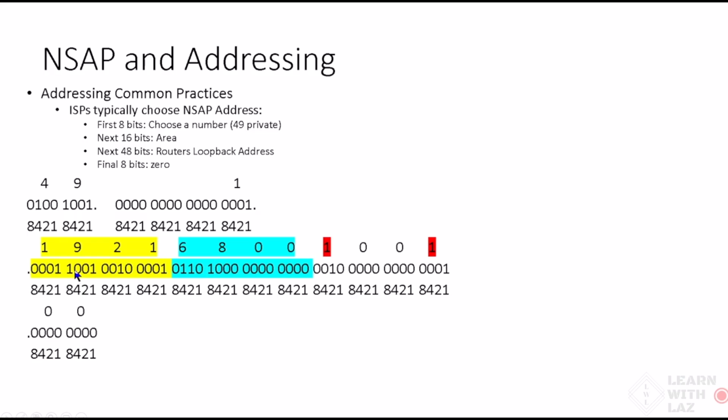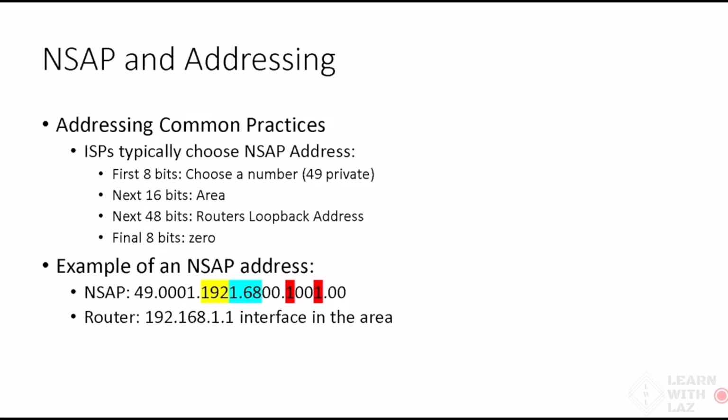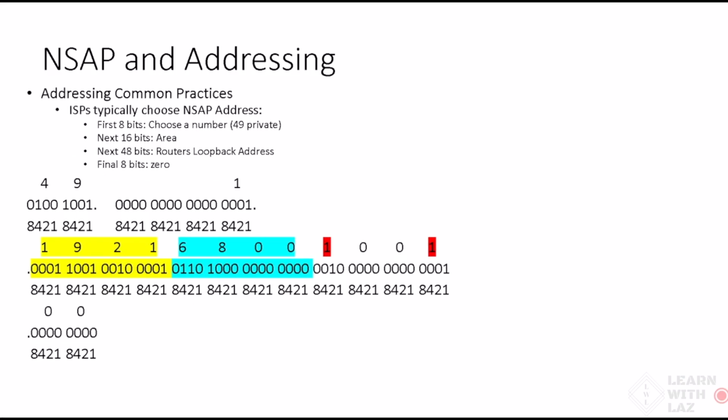Because if you go back and look at the NSAP address, after the area you see 1, 2, 3, 4, 1, 2, 3, 4, 1, 2, 3, 4. That means it's 48 bits, because you got 16, 32, 48. Therefore, this is where your 48 bits are at.